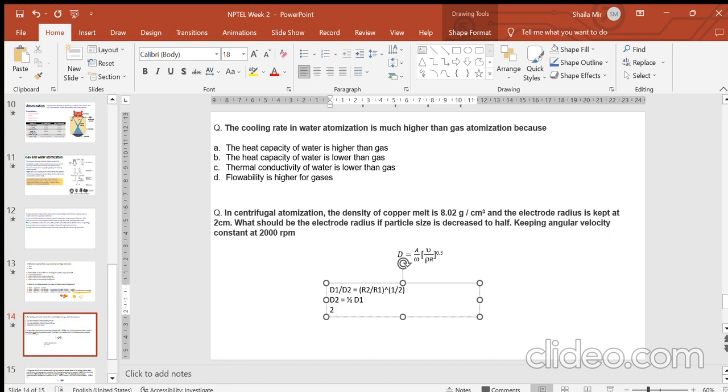two. Putting this value in the equation, 2 will be equal to R2 by R1. R1 is 2 centimeter. This will be 2 square.